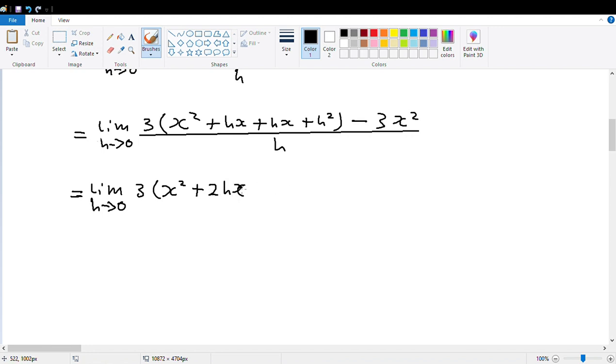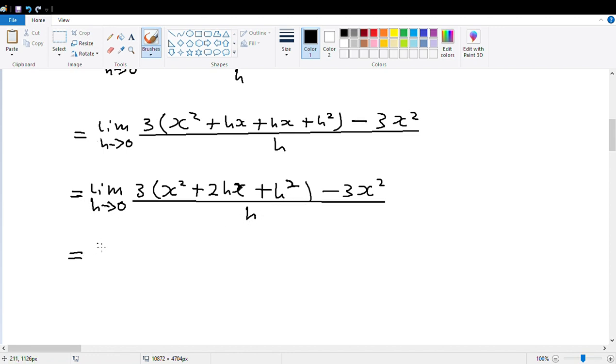Okay, so 2hx plus h squared, minus 3x squared. As you can see, the inner part of your parentheses is now simplified. We have added like terms to do that. We are still having all that numerator divided by h.